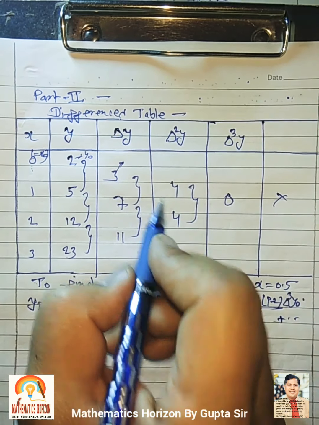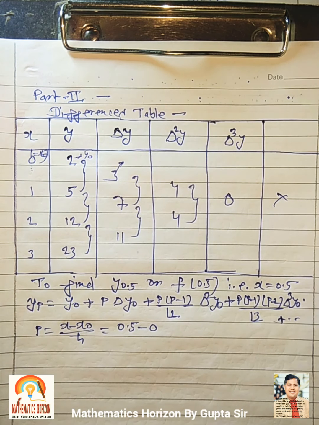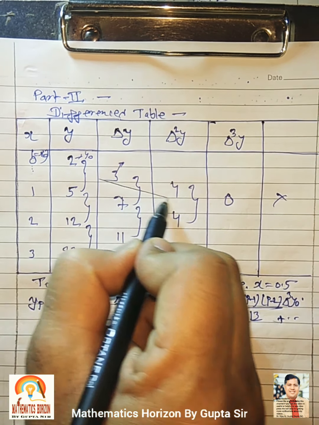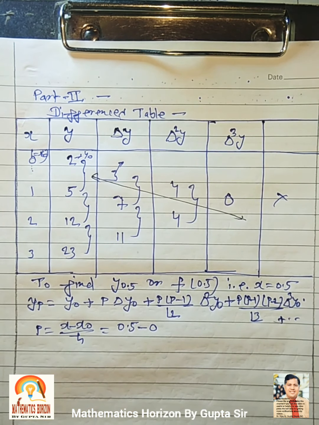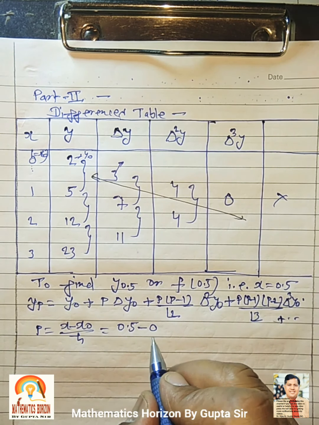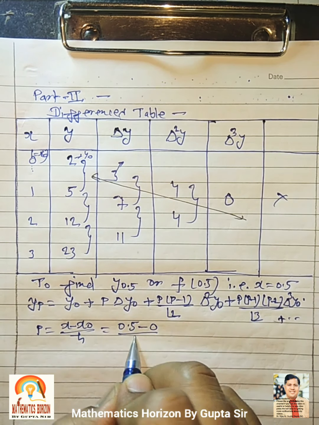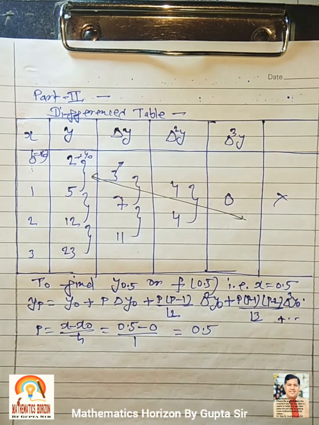These are the differences, the forward differences from top to bottom, corresponding to x equal to x0 and y equal to y0. So p is 0.5 minus 0 upon h, where h is 1, that is p is equal to 0.5.